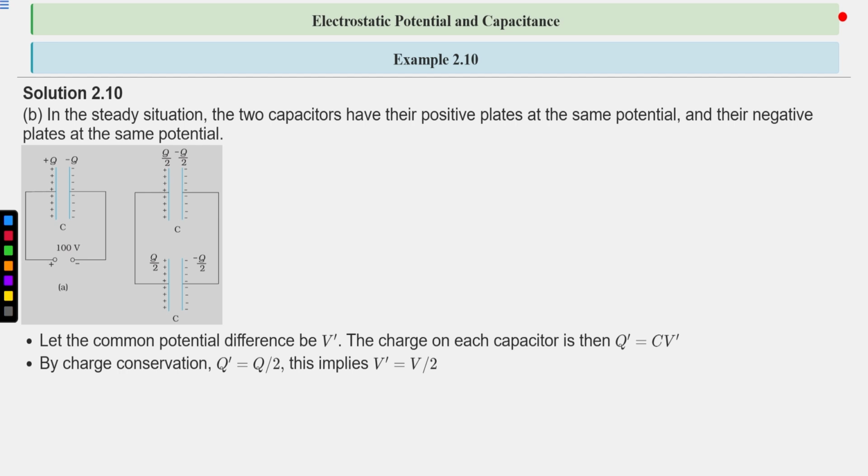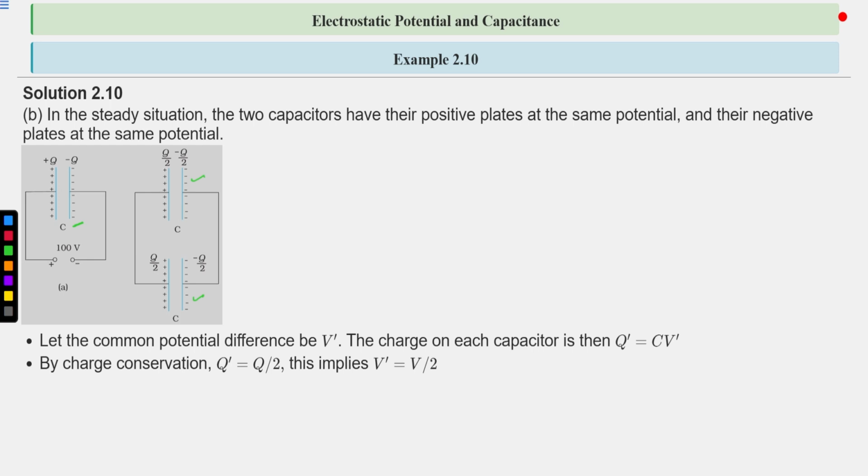Since they are identical, the charge distributed on both capacitors will be the same. The charge on the first capacitor will be Q by 2 and the charge on the second capacitor will also be Q by 2, and the sum of both charges equals the initial charge on the first capacitor. So by charge conservation, Q dash is equal to Q by 2.